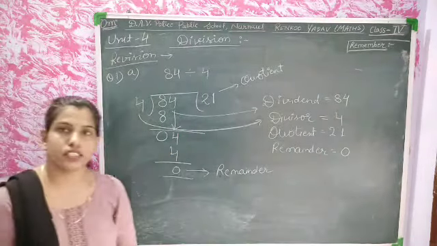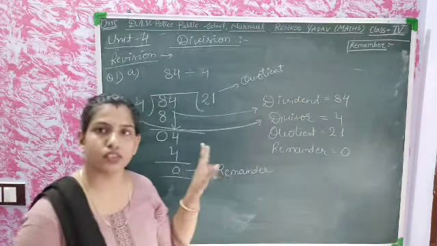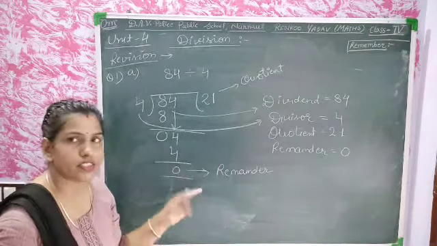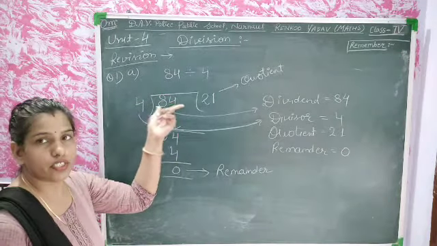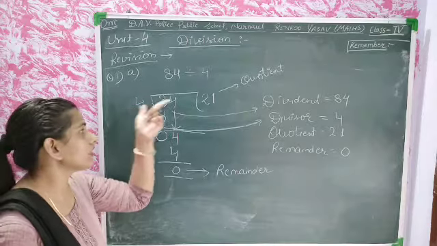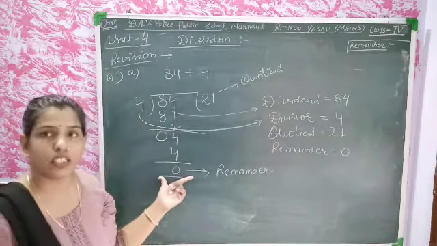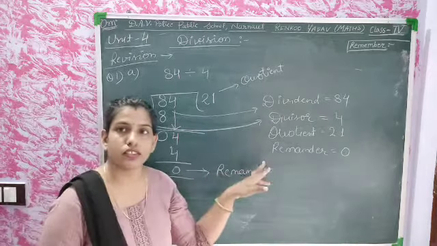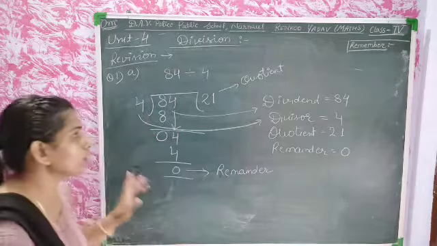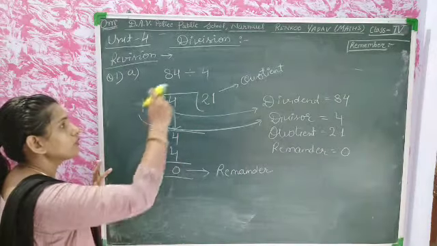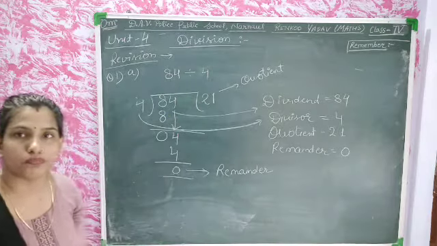Okay students, this is the previous class question. In the previous class you did all the questions like this. The divisor and the dividend are given, and you find the quotient and the remainder. But in this class, in the next worksheet, we will do how to check whether this is right or wrong.